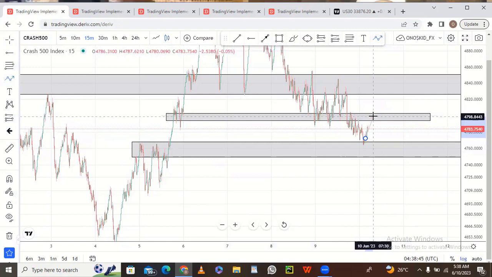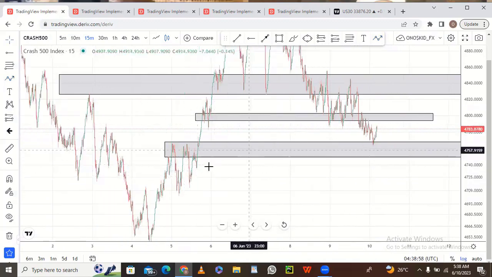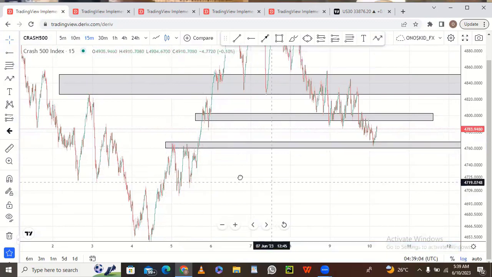So an aggressive trader can make an entry for a further sell here, or to be very conservative, which I always advise, you have to refine your zone. By refining, you can see what I am doing.